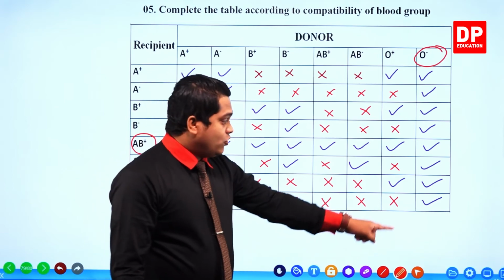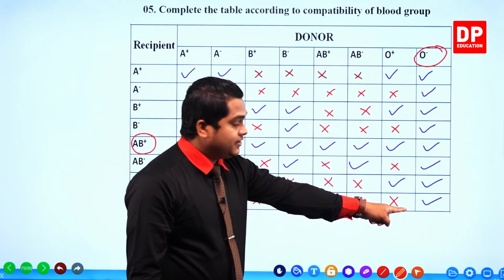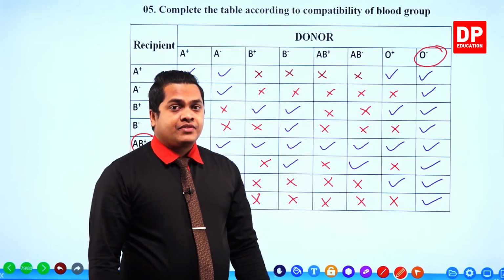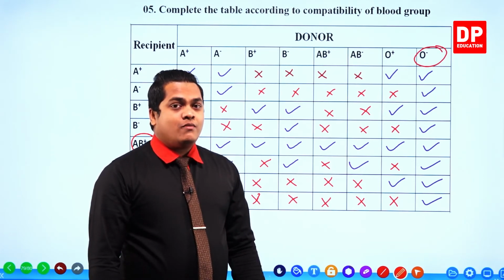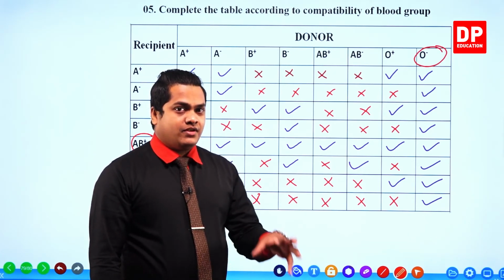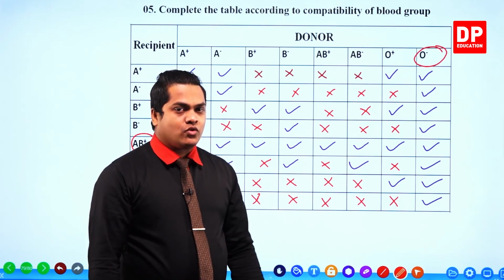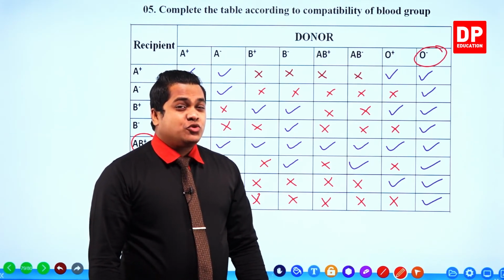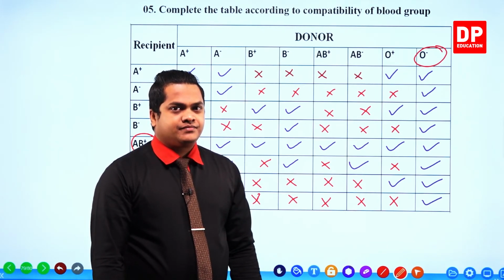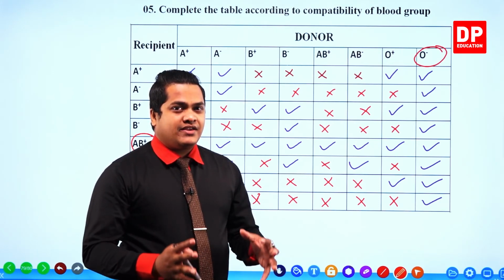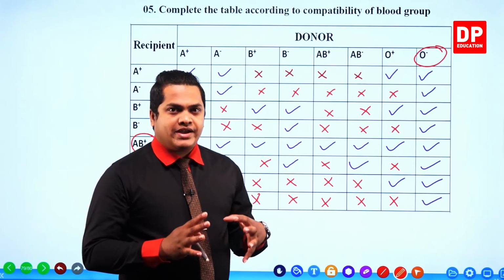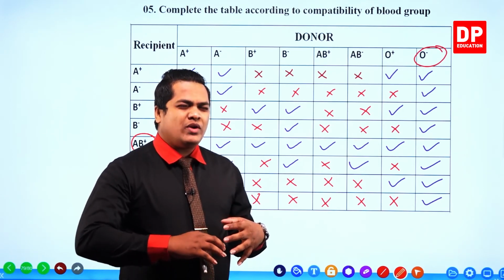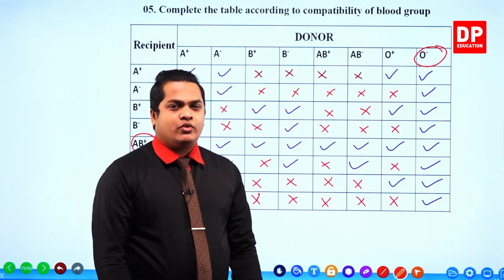If a person has O minus blood group, it is very rare to find, because that person can give blood to any person in the world without any trouble.